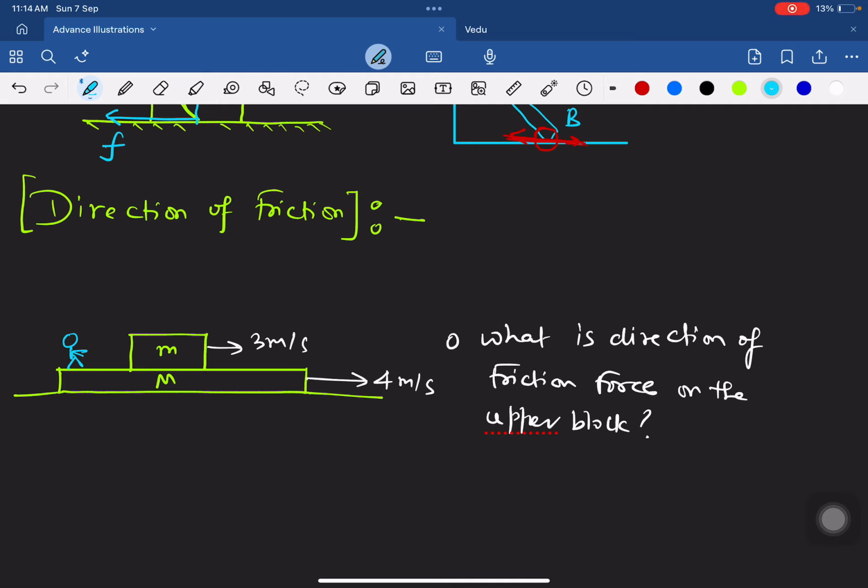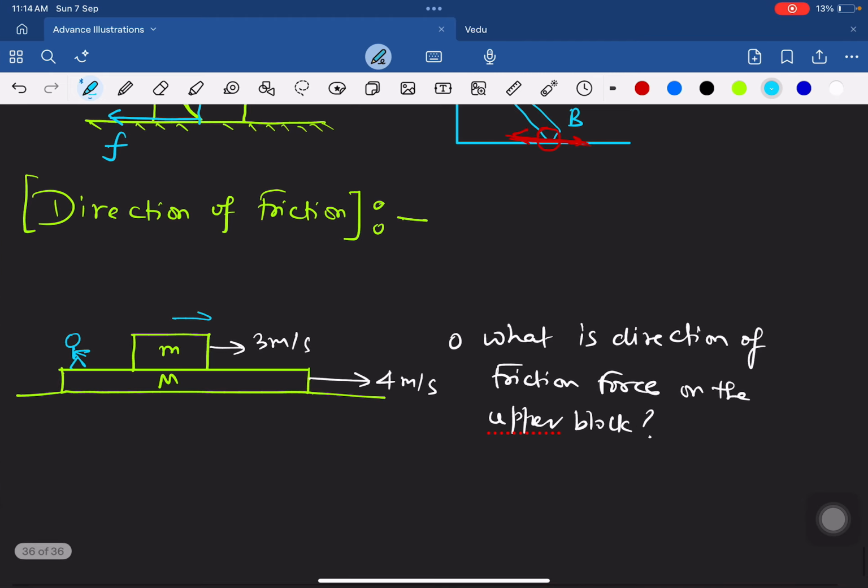If you sit here, you will see the relative velocity of this upper block, that is, the velocity of the upper block with respect to u.